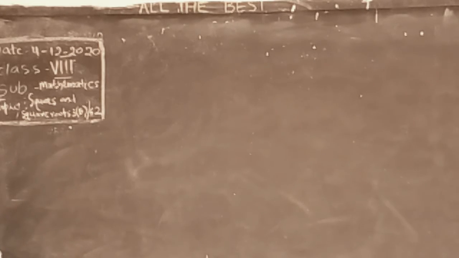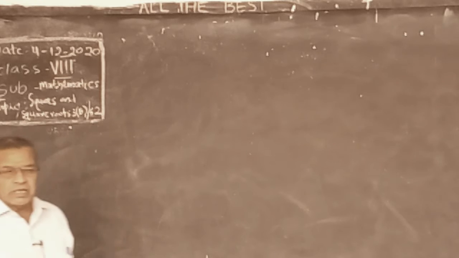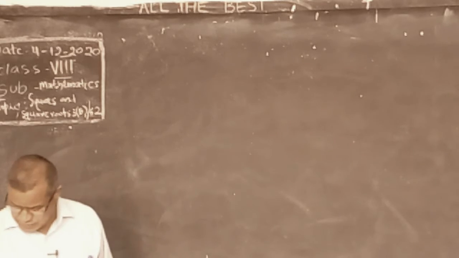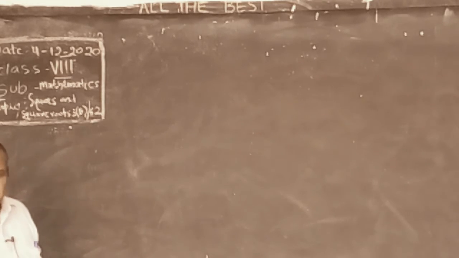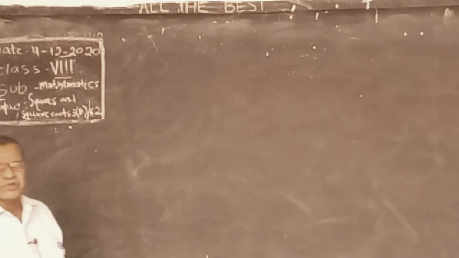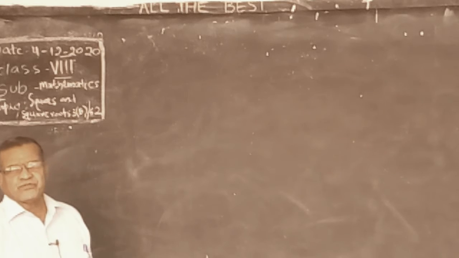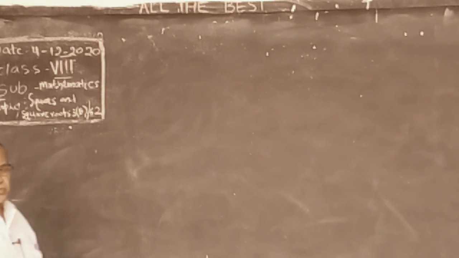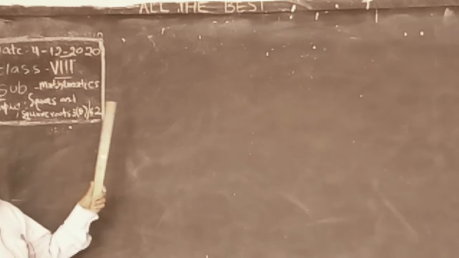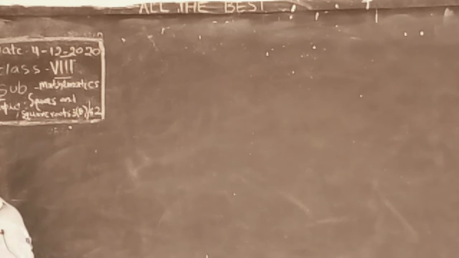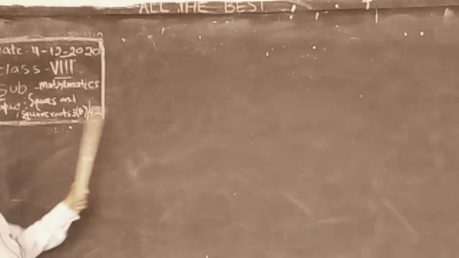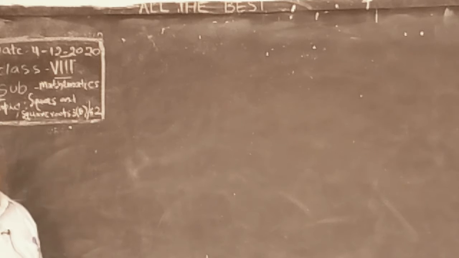We did in the previous class, in this chapter, finding square roots of perfect squares with 2 digits, 3 digits, 4 digits, 5 digits, and 6 digits. We find the square root of a given perfect square.